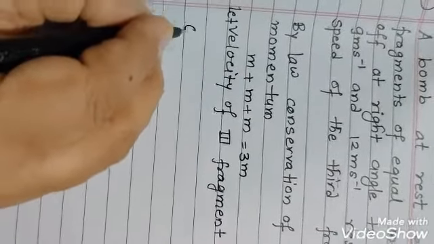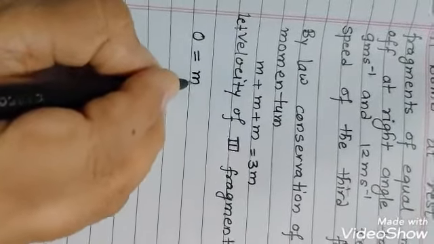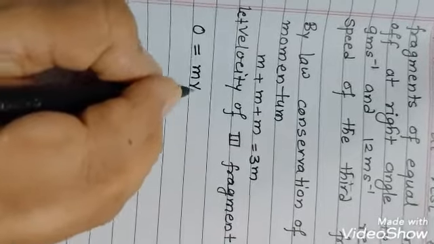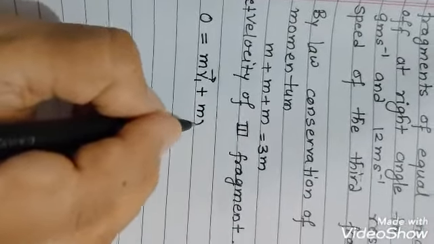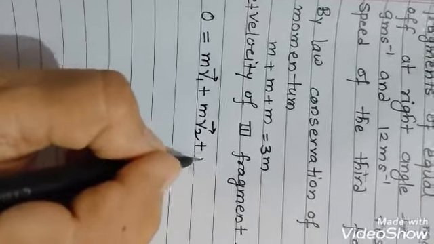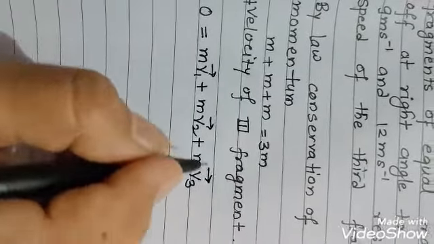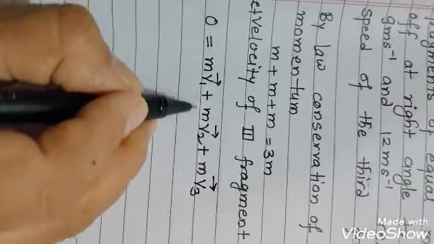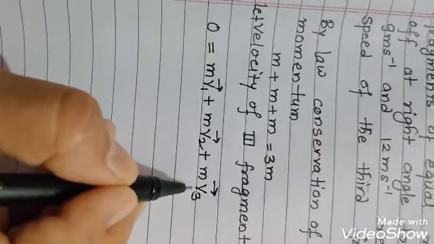Momentum before is 0, and after it is the mass and velocity of the first fragment plus the mass and velocity of the second fragment plus the mass and velocity of the third fragment. This is the total momentum of all three fragments.